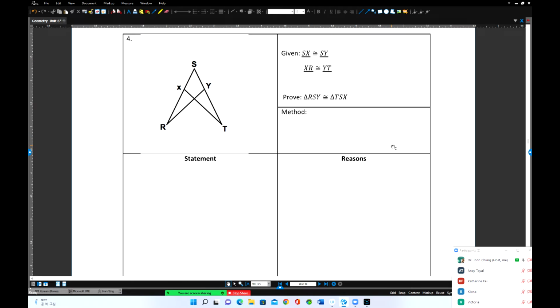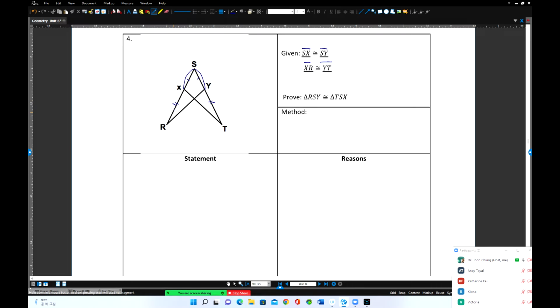SX, this is XR, and SY, and XR, YT, they are congruent. Using this, we're going to prove triangle RSY.